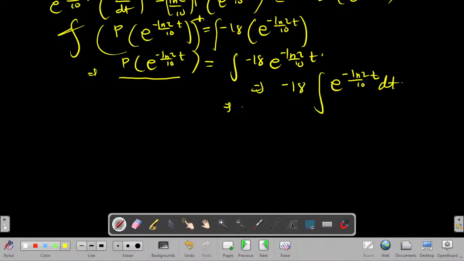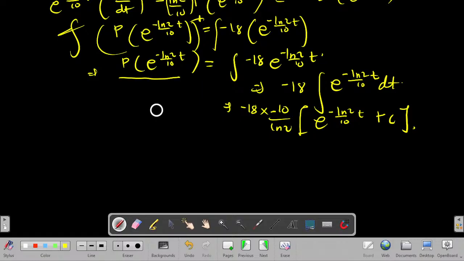I'll just move straight. I'll have negative 18 times 10 over ln 2, that is negative, and I'll have my expression e to the power negative ln 2 over 10 t back again plus c.